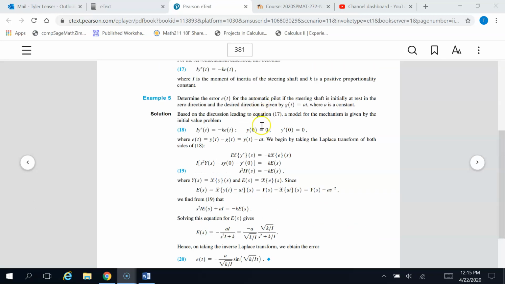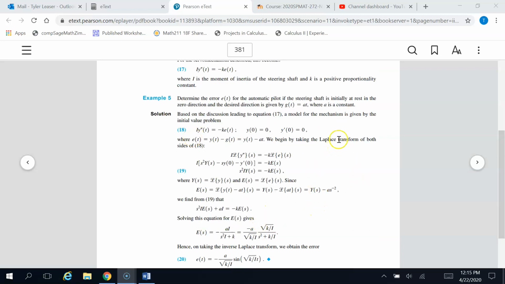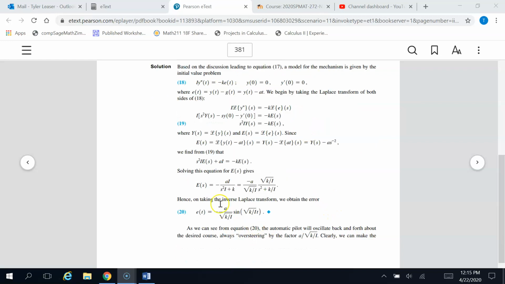The A, remember, was given to us in the question. A is a part of the given direction that we're trying to go in. And then the I here, what was the capital I? The moment of inertia. Again, the moment of inertia has to do with how tough it is for the machine to turn the steering wheel. So based on all of this, we come up with a formula for how much force or how much torque the computer has to use to turn the wheel based on the error of how far off we are. So I thought that was pretty cool.